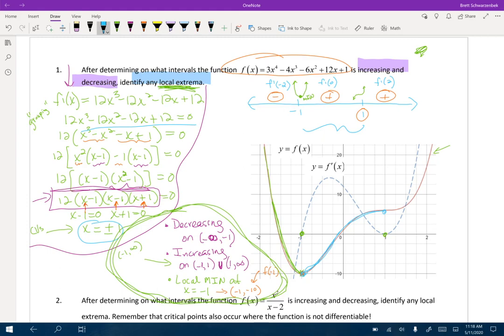Then we go to 1 to infinity, and that's here. And that goes all the way this way, right? So what do we know about the function there? It is positive. So we recreated the entire graph's behavior without the graph. The graph is great for checking, but that's what we did.